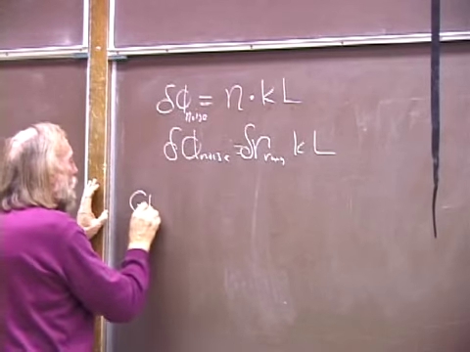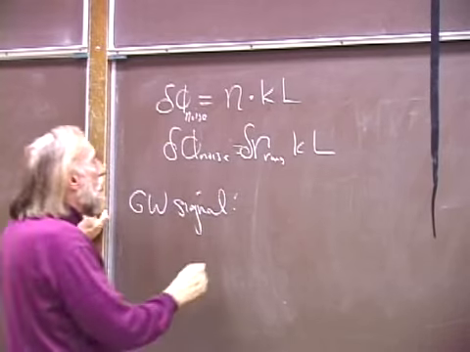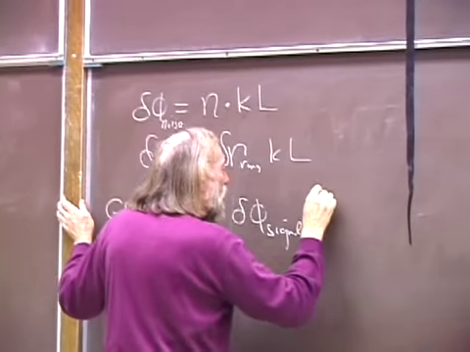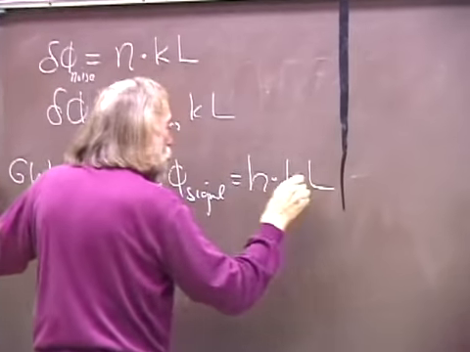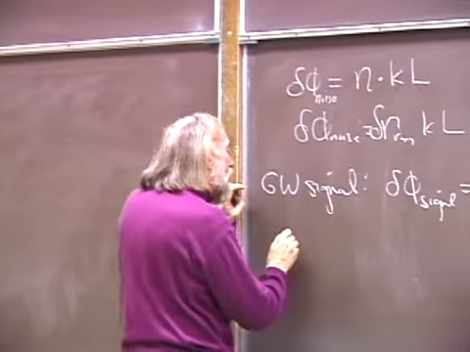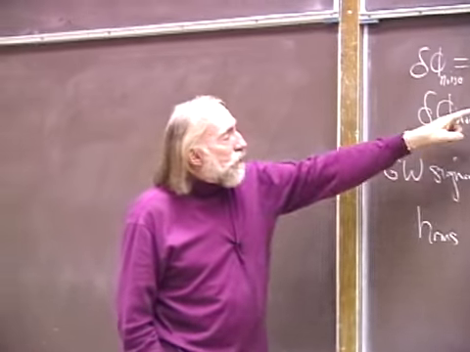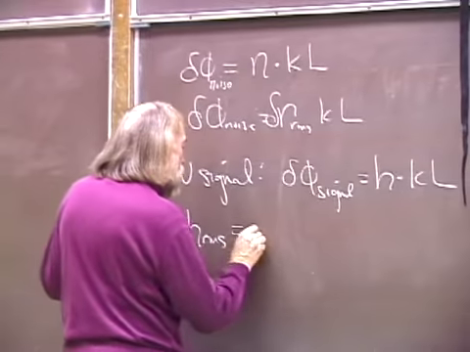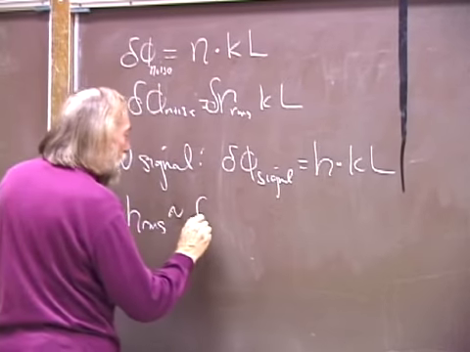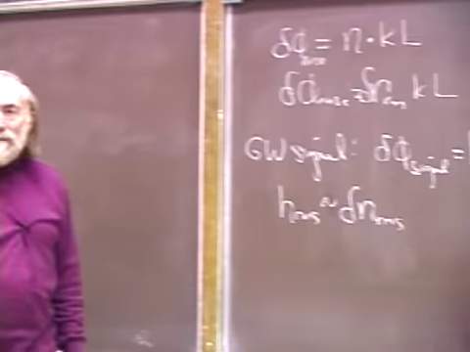The gravity wave signal that you accumulate in each trip down the beam is a phase shift that is just h times kL, roughly within a factor of 2. And so that means that the RMS noise that is produced by these fluctuations of index of refraction is, within a factor of order unity, the RMS fluctuations of n.